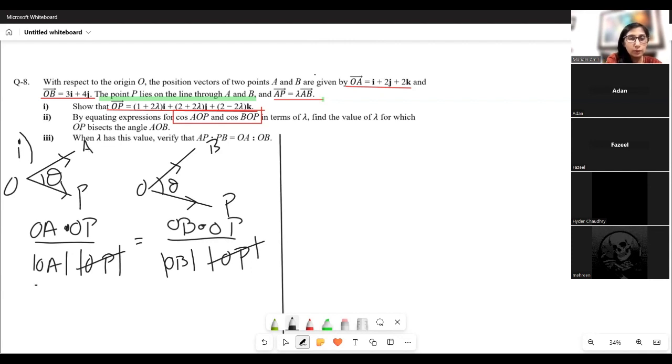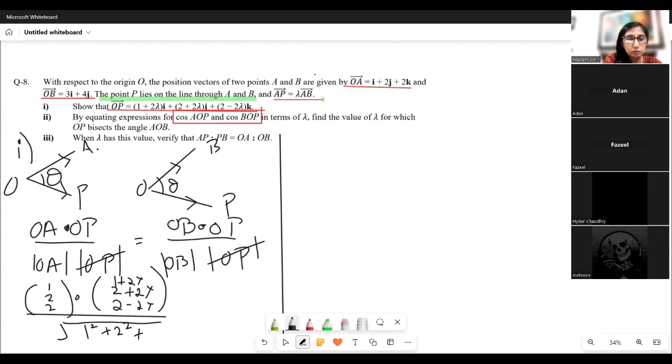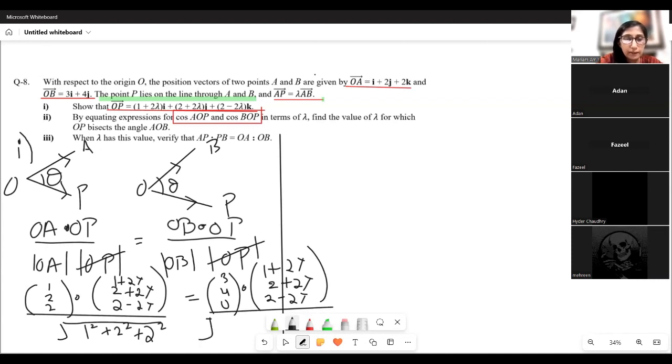We have OA, which is (1, 2, 2), dot OP, which is (1 plus 2 lambda, 2 plus 2 lambda, 2 minus 2 lambda), upon magnitude of OA, which is square root of 1 squared plus 2 squared plus 2 squared, equals OB, which is (3, 4, 0), dot OP again, upon the magnitude of OB, which is square root of 3 squared plus 4 squared plus 0 squared.